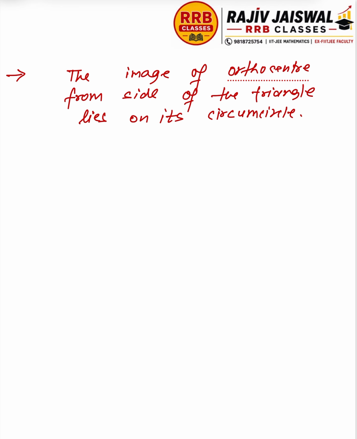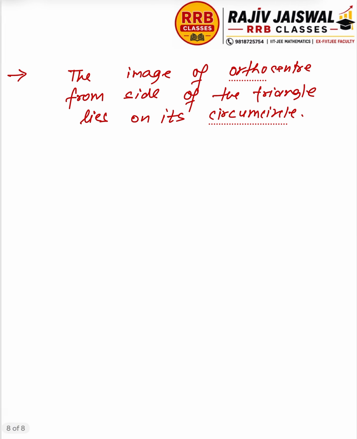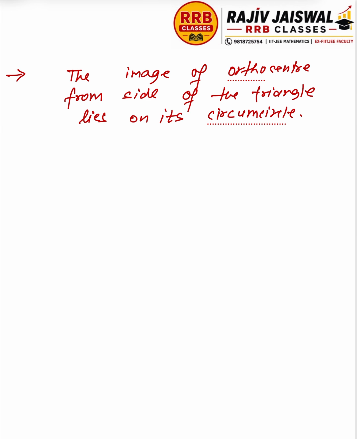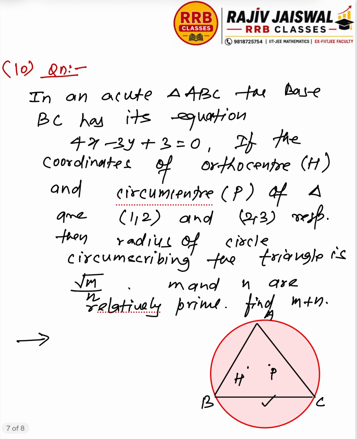IIT-JEE asked this question. If you know this result, this question will become very easy, since we know that the image of the orthocenter from any side of the triangle lies on the circumcircle. So the orthocenter H is known, and the equation of BC is also known.